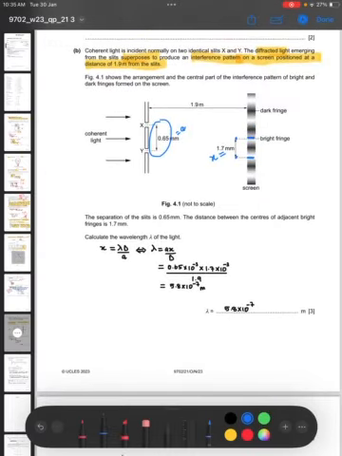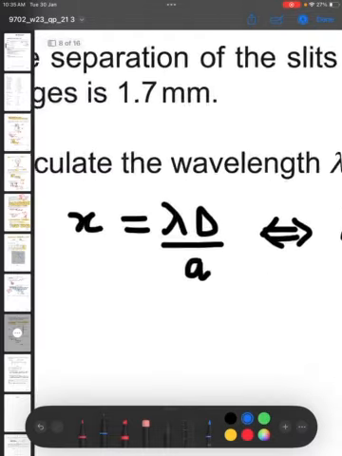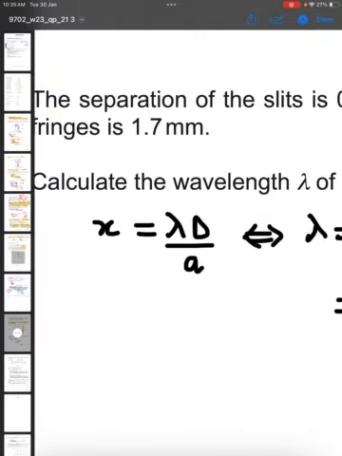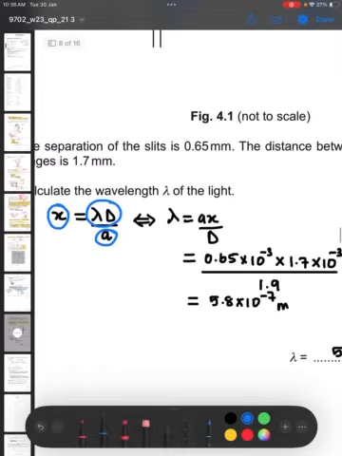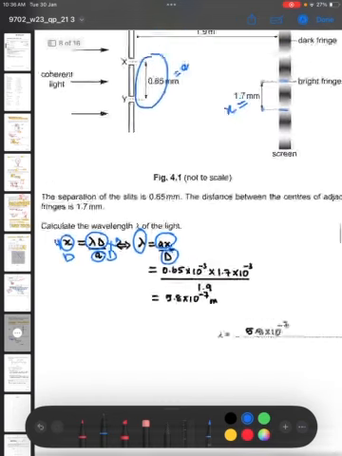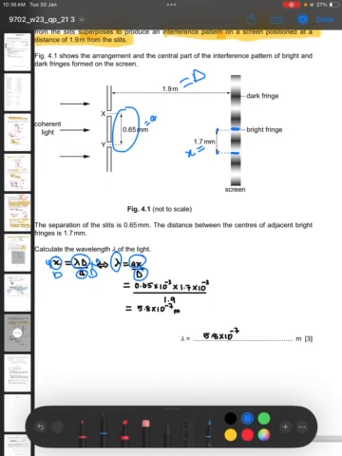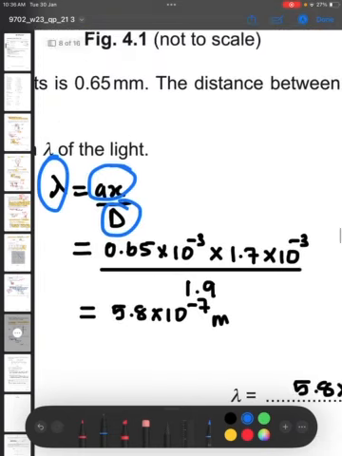Then calculate the wavelength lambda of the light. So you're given this data. You're also given D, capital letter D. So we write our formula here. The double slit experiment formula says X is equal to lambda D over A. Since we are looking for wavelength, we multiply both sides by A, then we divide both sides by D. This gives us lambda equals AX over D. We have A as 0.65 millimeters, so we change it to meters by multiplying by 10 to the power of minus 3.